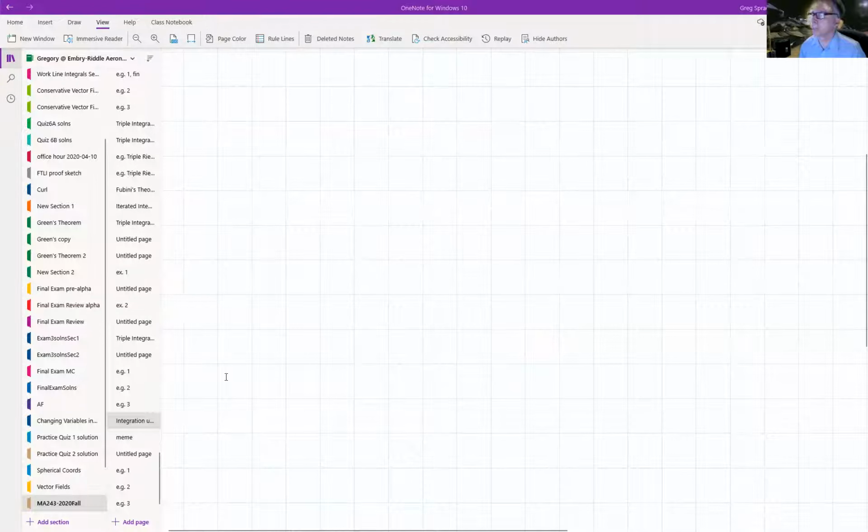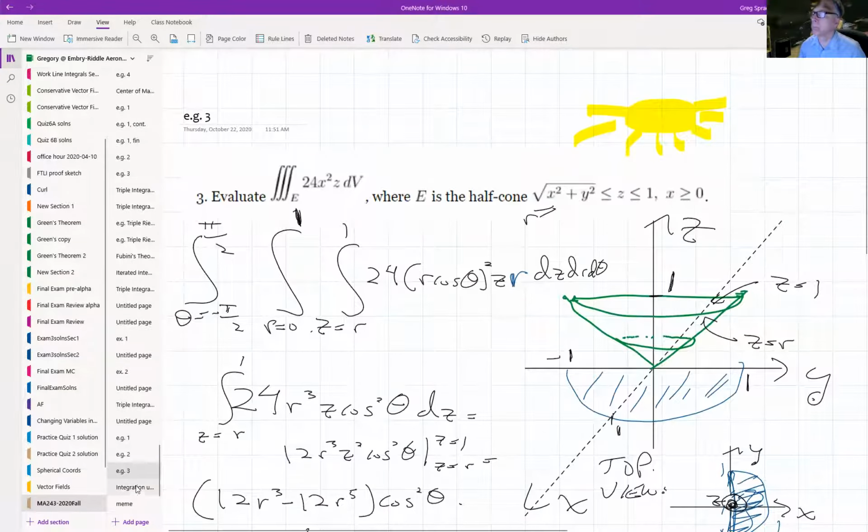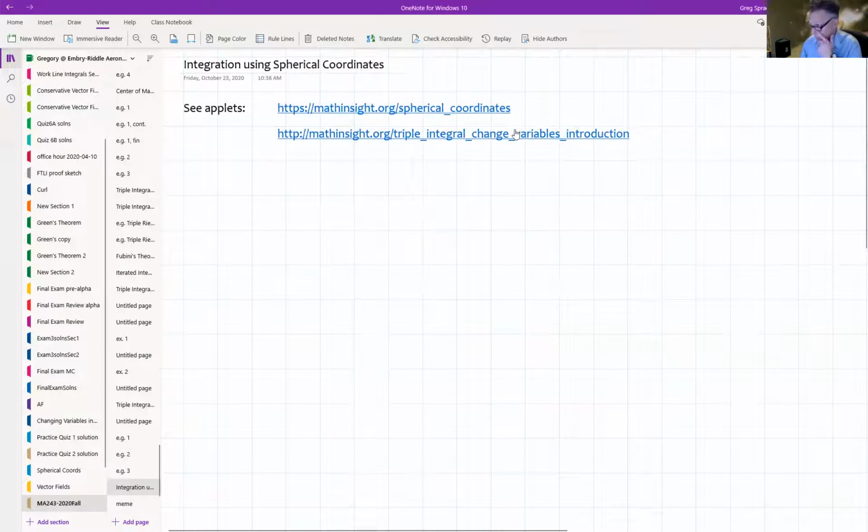Today I'm going to show you how to integrate using spherical coordinates. Okay, I've got a couple applets here. I'm going to send you these links.